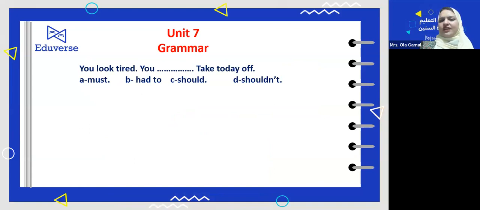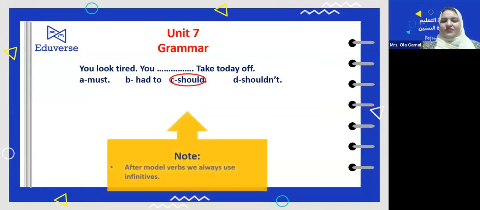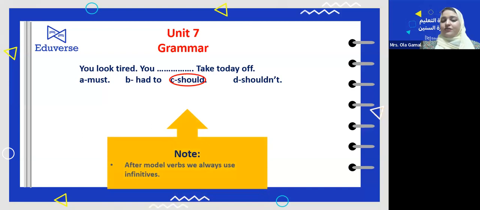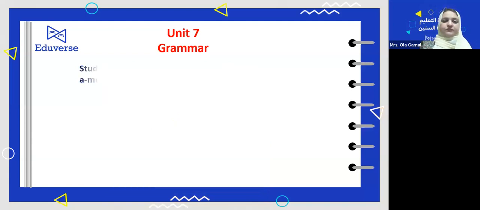So here you're giving something like advice to someone. So we should say should. So you should take today off. So here the note for this, after modal verbs also, as we said, use the infinitive. We have here take, as I said in the previous question, and here it's advice. So that's why we use should.